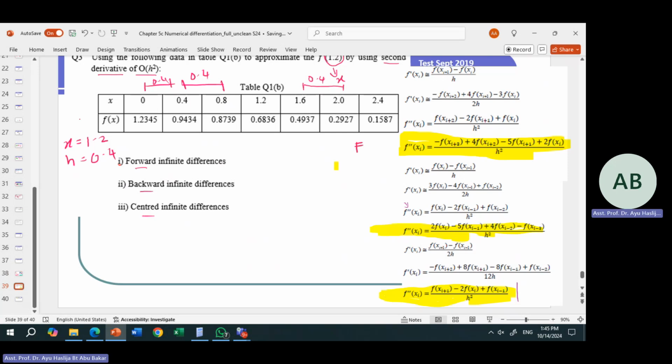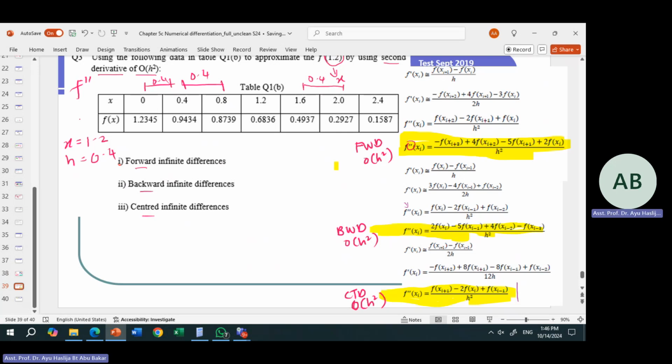Okay, so this is forward, level 2. Backward, level 2. Centered, level 2. Second derivative. So look out for f double prime.